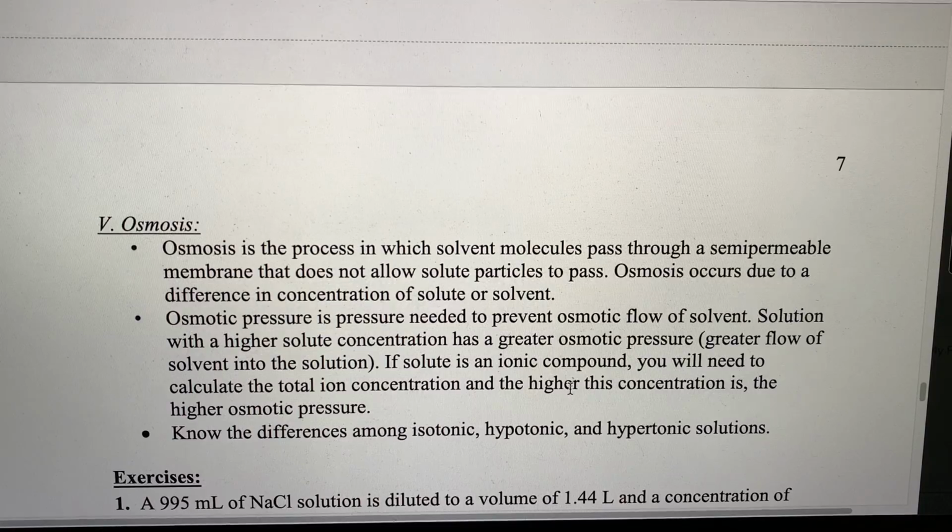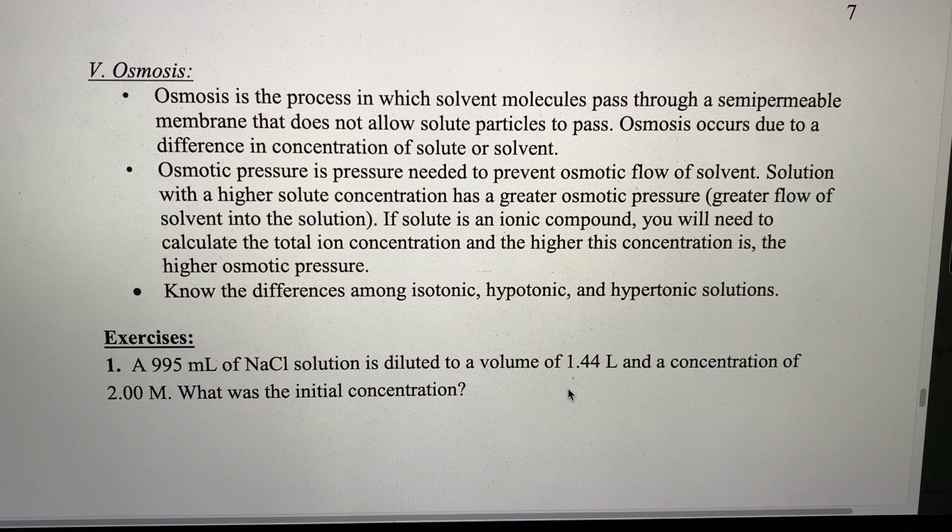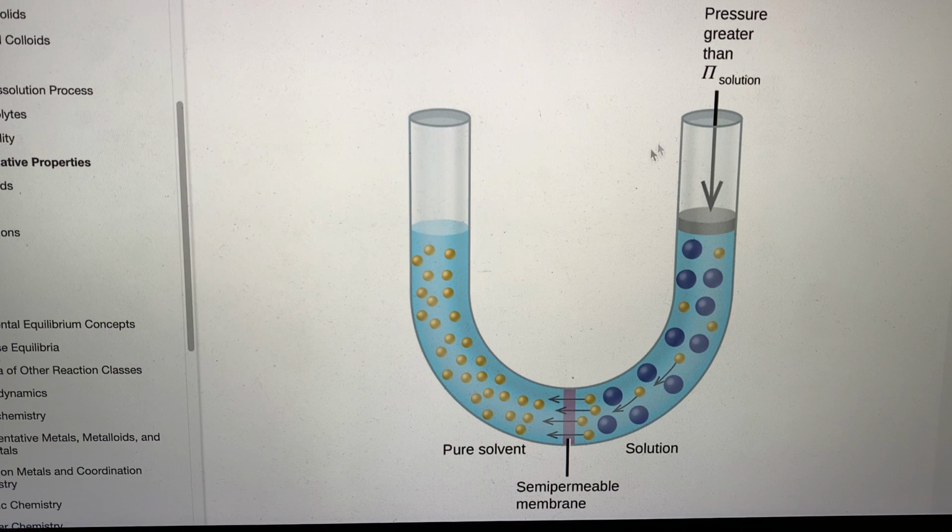And what is osmotic pressure? First of all, what is osmosis? I have a nice picture here in the textbook. If you have a tube like this with a divider called a semi-permeable membrane, this membrane only allows the solvent.